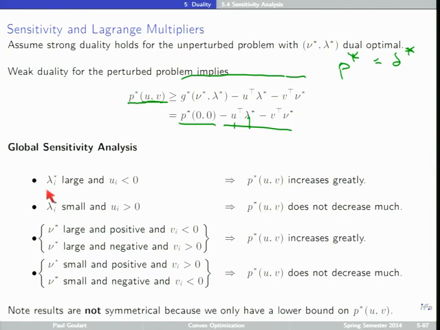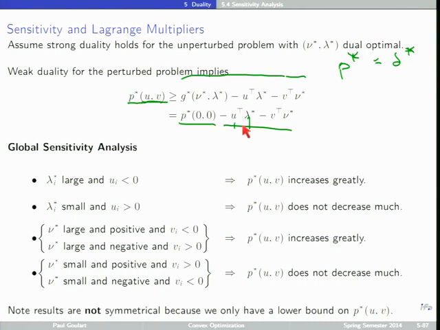Okay, and I know that they're active because they will have non-zero multipliers. Okay, so I find all the constraints which are actually satisfied with equality, the inequality constraints which achieve equality, and those are the only ones that can have non-zero multipliers. Okay, and I look at all the ones that have multipliers that are large, and I say, well, if I make the constraint even tighter, then I know for sure that p star is going to go up a lot. Okay, it's going to go up a lot because of this term right here.